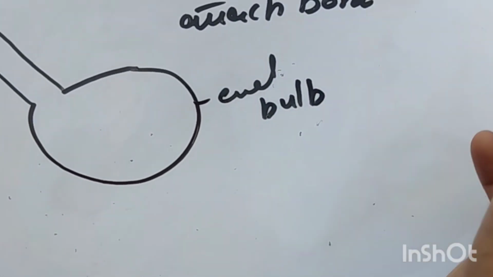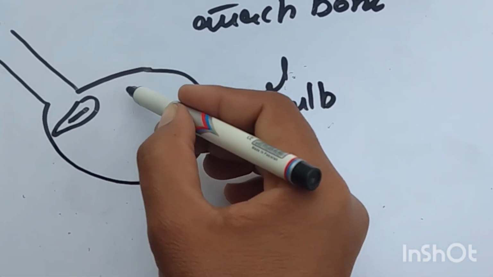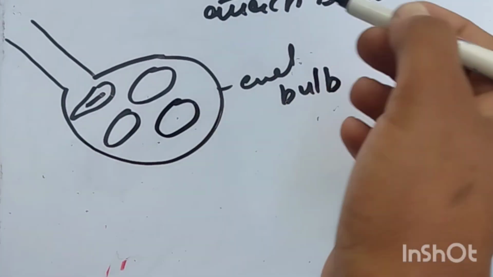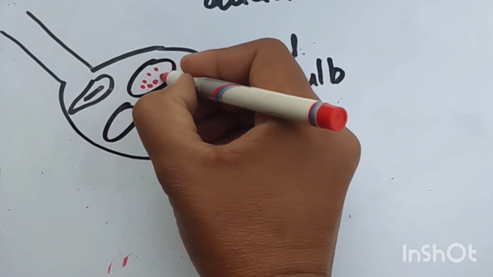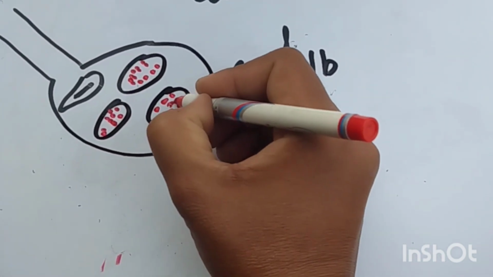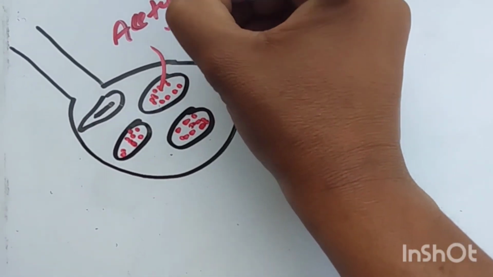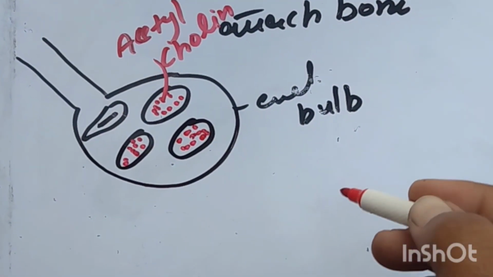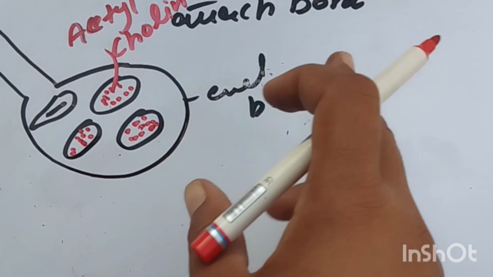The end bulb consists of mitochondria that provide energy to the neuron, and vesicles that consist of chemical transmitters. The name of this chemical is acetylcholine, the chemical used in muscle contraction.